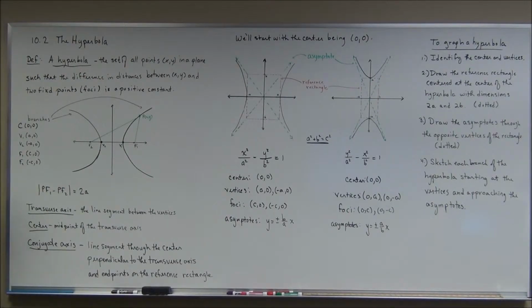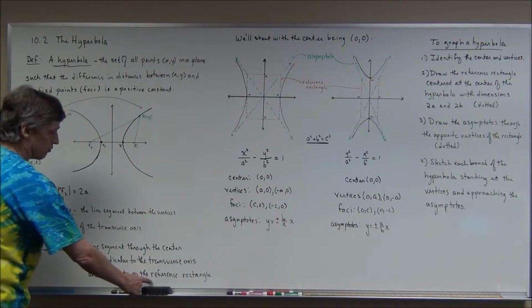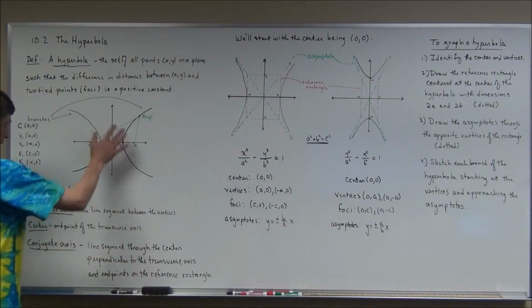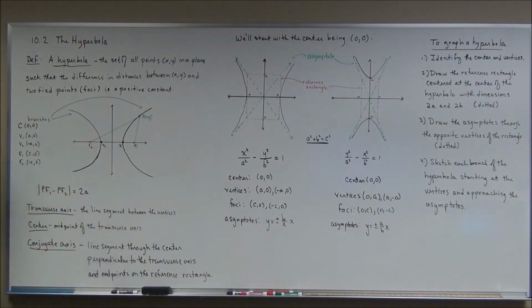Now the conjugate axis is not drawn in here, but the conjugate axis is the line segment that goes through the center, perpendicular to the transverse axis, and the endpoints are on something that's known as the reference rectangle. Now I don't have a reference rectangle drawn here because I don't have this set up to show you that, but I do in my next diagrams, so I'm going to point out where the conjugate axis is.